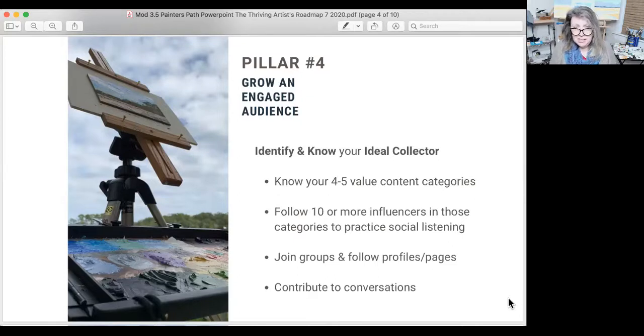It encompasses things like national parks. Those are values that are shared with my ideal collectors. And because we have those things in common, I can talk about them and know that it's going to be an emotional hook that's going to draw them into the conversation. And it's going to give them a pathway into the stories about my paintings that I share with them.